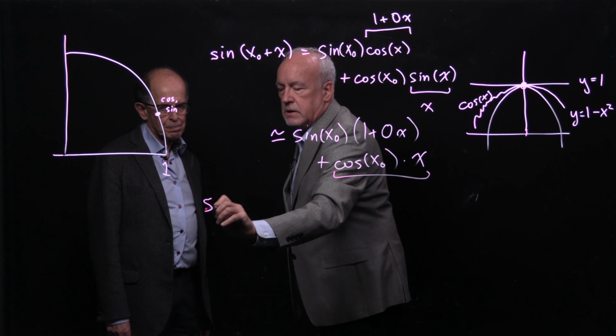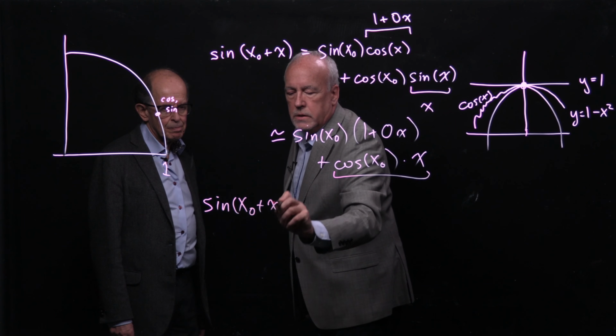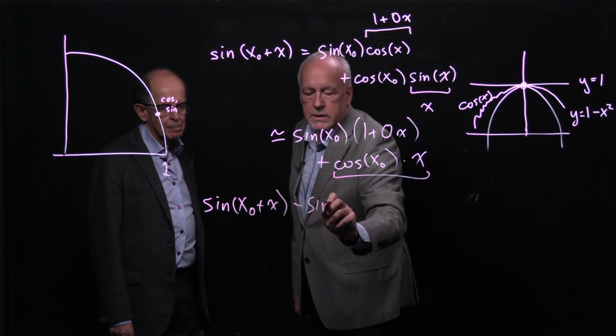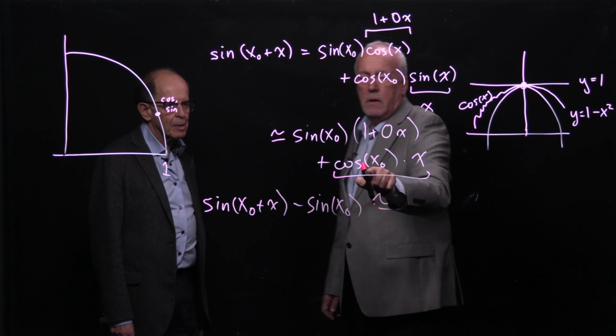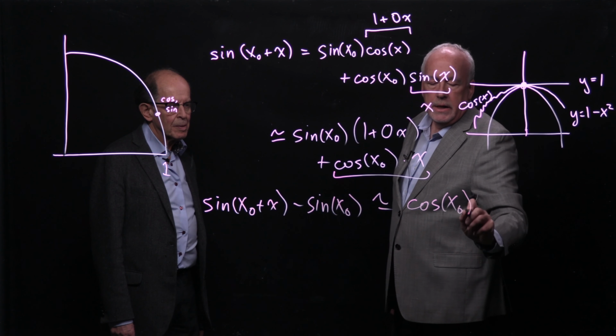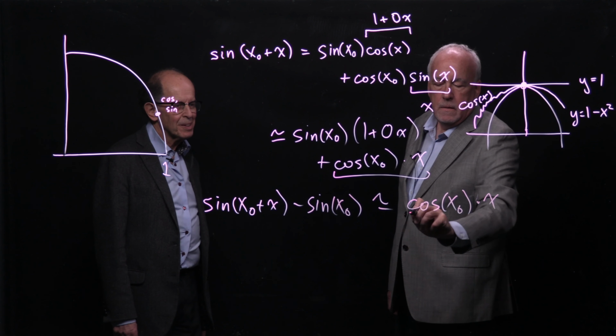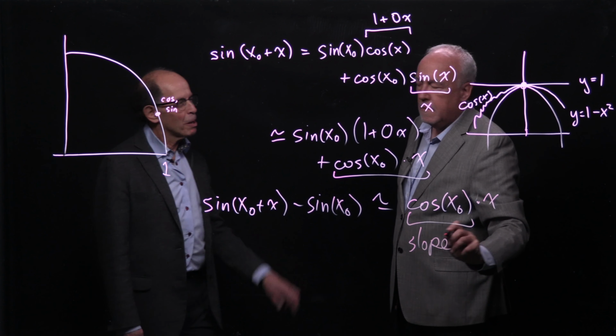So we'll write it the way we wrote it earlier: the difference of the function at two places is approximately this guy. Now that looks like a line, with slope. There's our slope. And as they say in England, Bob's your uncle.